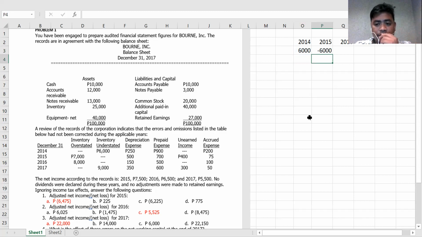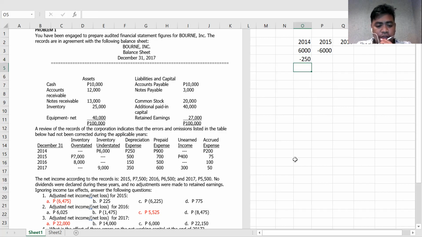Depreciation expense is non-counterbalancing. Since these are errors and omissions, it means you did not record depreciation for 2014 for 250. It would be a deduction.